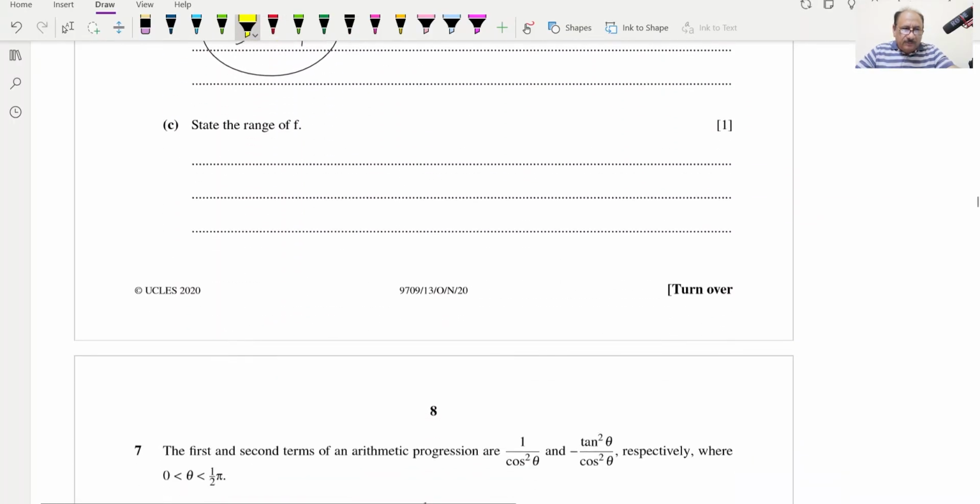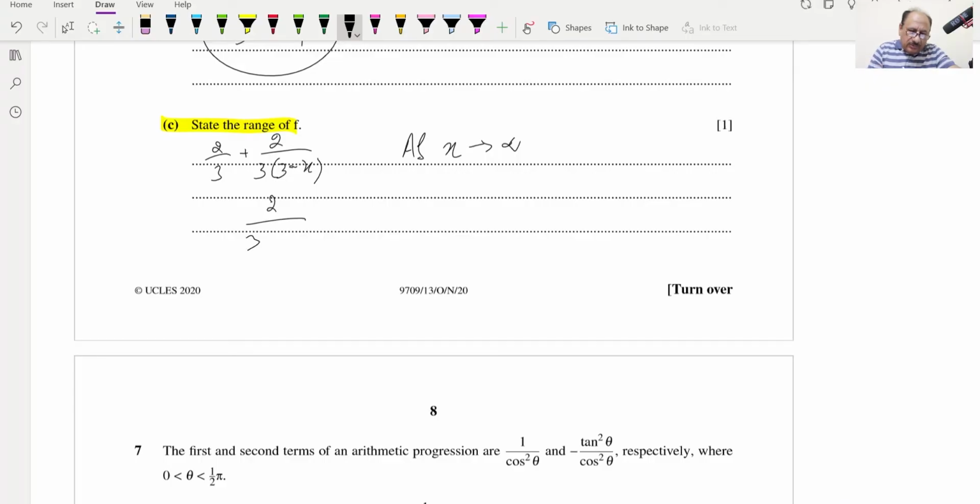Now C part, they're saying state the range of f. For the range of f, we can check 2 over 3 plus 2 over 3 into 3 minus x. Take the limit as x tends to infinity, so this portion will be shifting to 0, because 3 minus infinity will be 0. So when x tends to infinity, what will happen?